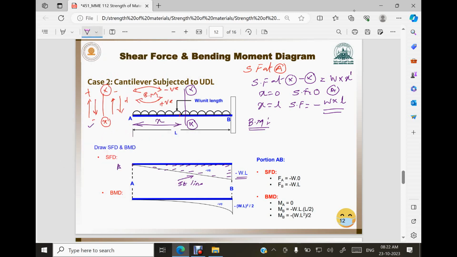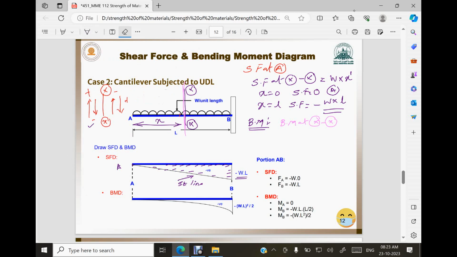Now bending moment at XX. What is the value of bending moment at XX? At this line, you have the weight. Where is the weight supposed to act? The weight is supposed to act through the middle point, is it not? Let me just delete this because it is jumbling up over here.